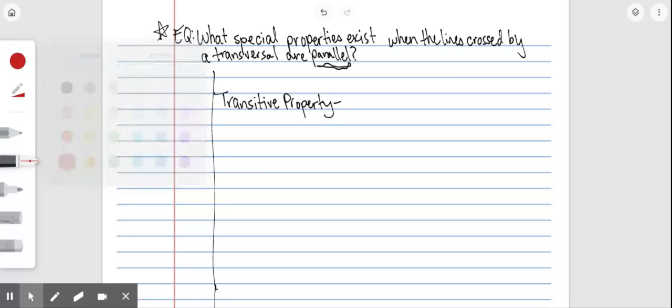So the transitive property says that if angle A equals angle B and angle B equals angle C, then angle A equals angle C. Okay, so I've called it the hamburger property before, because what it does is it takes out the meat in the middle and all you're left with are the buns. So since right here angle B matches on both sides, we can remove it and say that angle A equals angle C. It's just basically substitution.